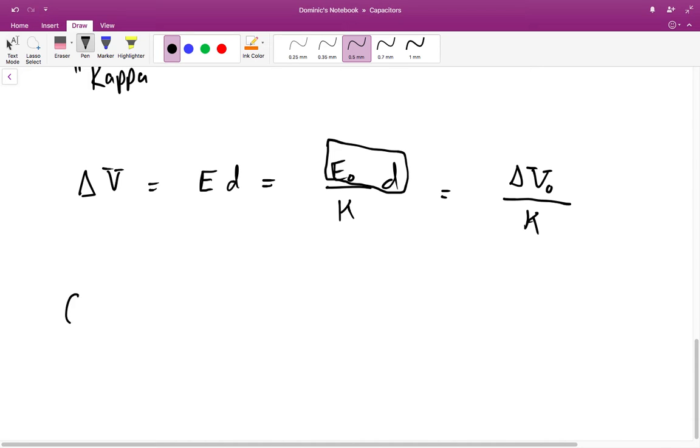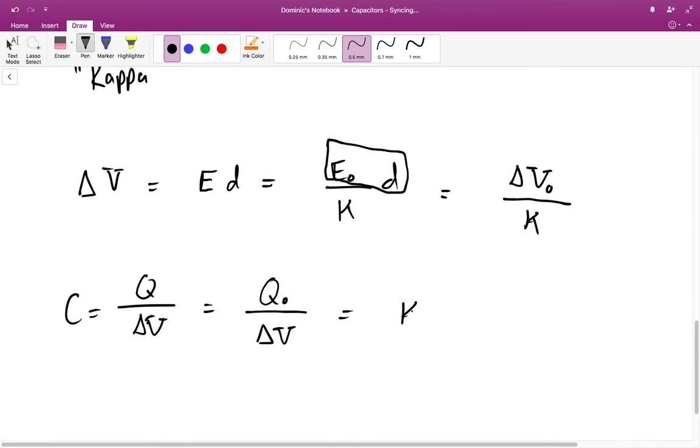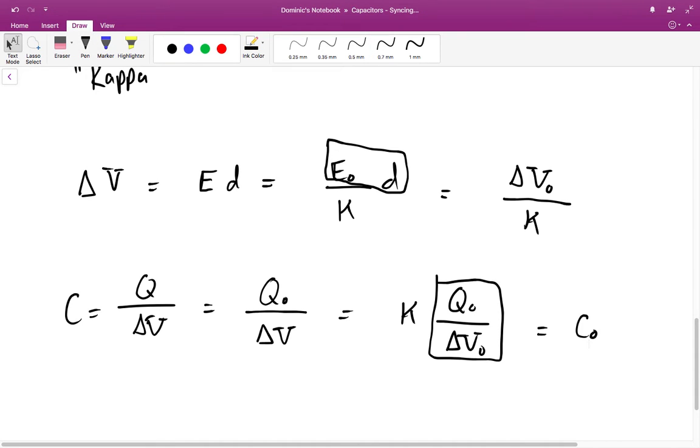Again, capacitance is equal to the amount of charge divided by delta V. Charge did not change in this case, so it is Q naught divided by delta V. And we just said that delta V is equal to delta V naught over kappa, so this would be equal to kappa times Q naught over delta V naught, and this value here is equal to C naught, the old capacitance.